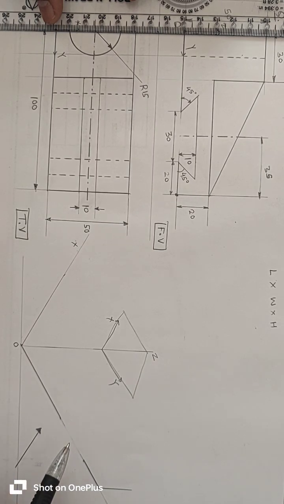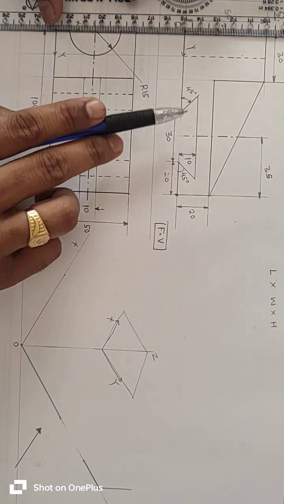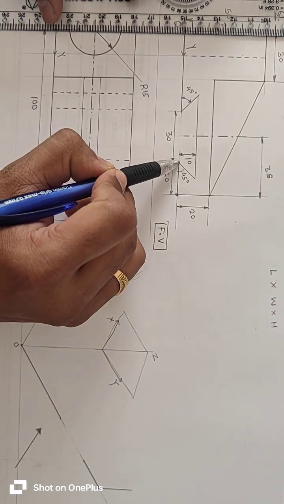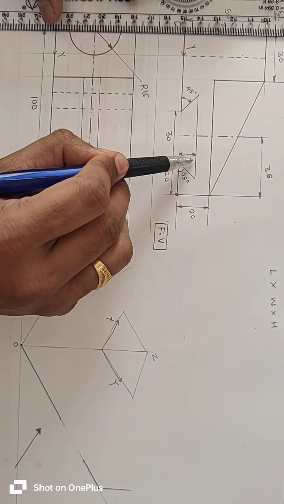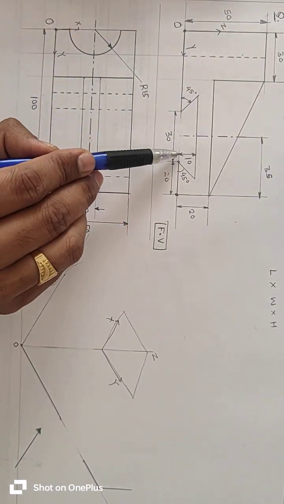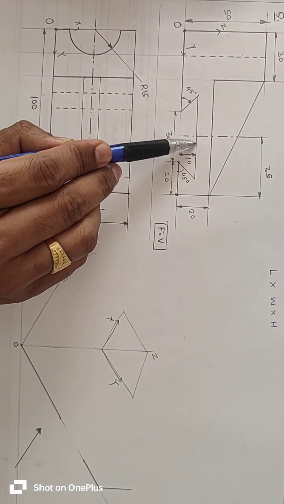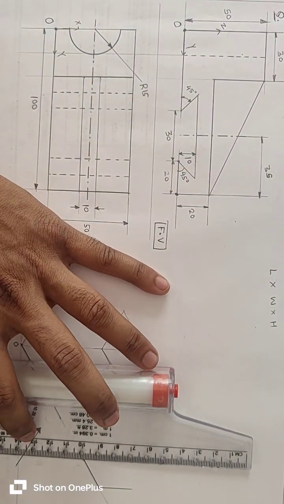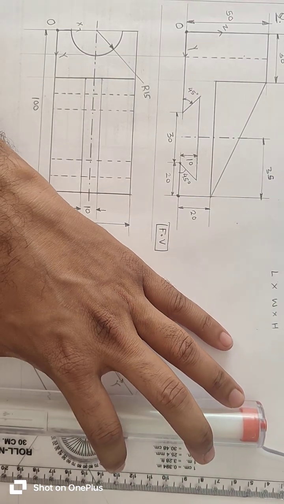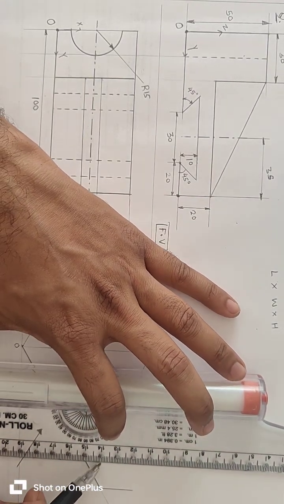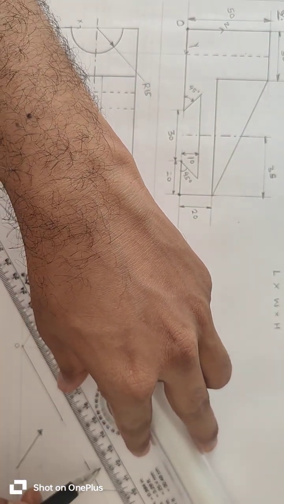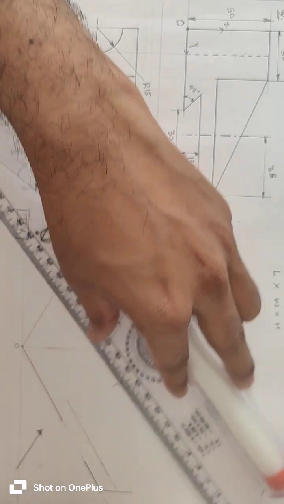In orthographic both angles are equal, but in isometric these both angles are not equal. We will see it. As the angles are not equal, we cannot take the angle, but we can take this vertical height. The vertical height is 10 mm. From this point, this line is at 10 mm. So from this point, we will take 1 centimeter distance along the z axis, mark it, and draw a faint line parallel to the y axis.